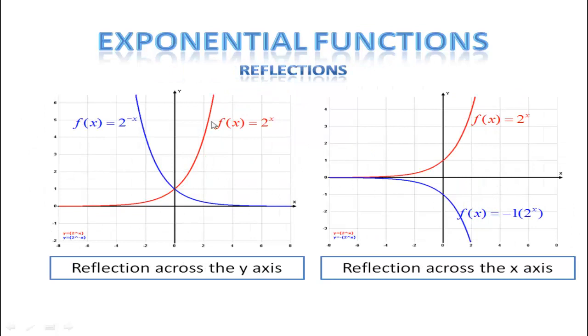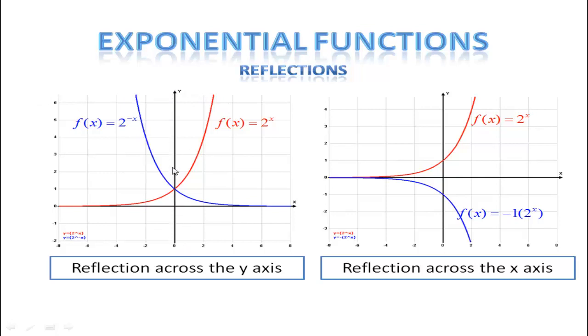And here we have our reflections. Whenever you have a negative in front of your exponent, this is affecting your x. Anything that affects your x negatively, like this one, will be shown on the graph as a reflection across the y-axis. How do you visualize this? Well, imagine this is a piece of paper and you want it folded in half along this line.